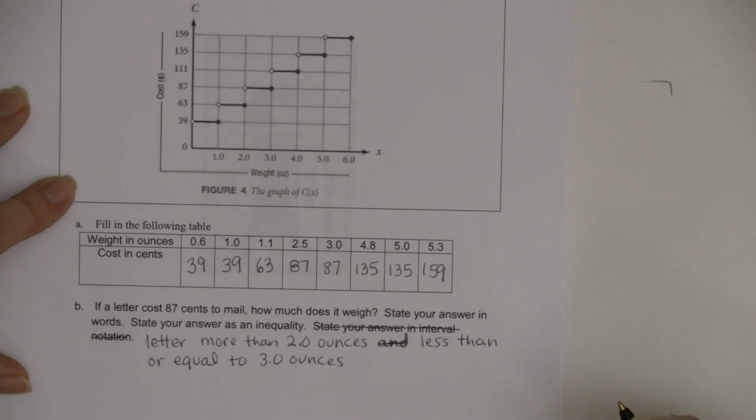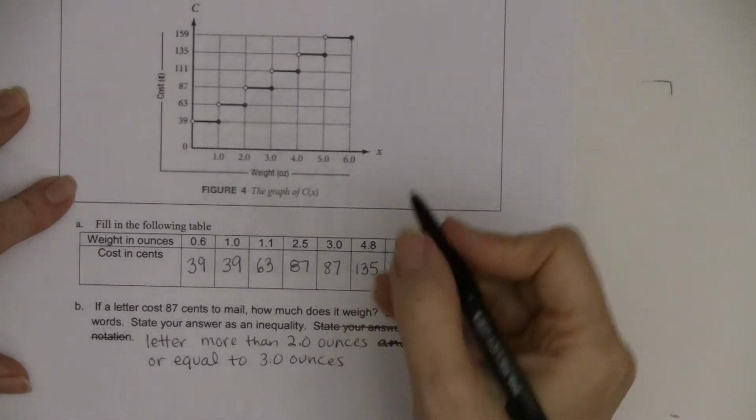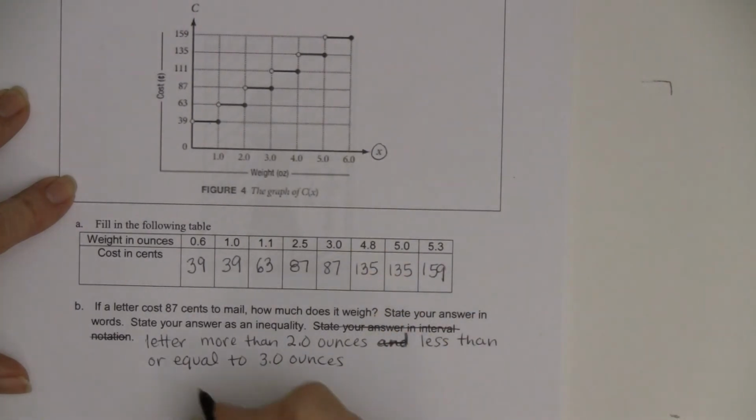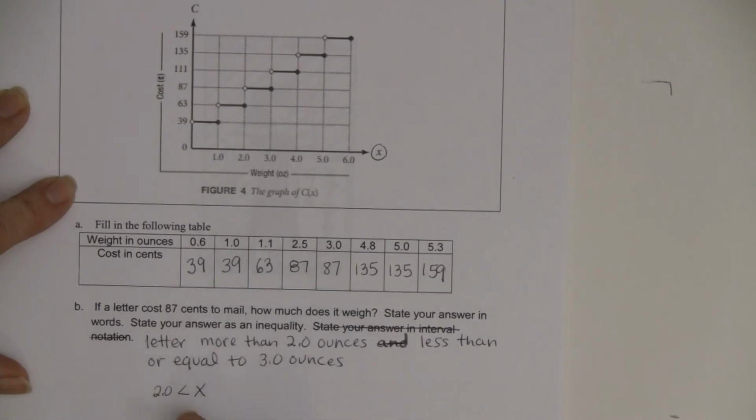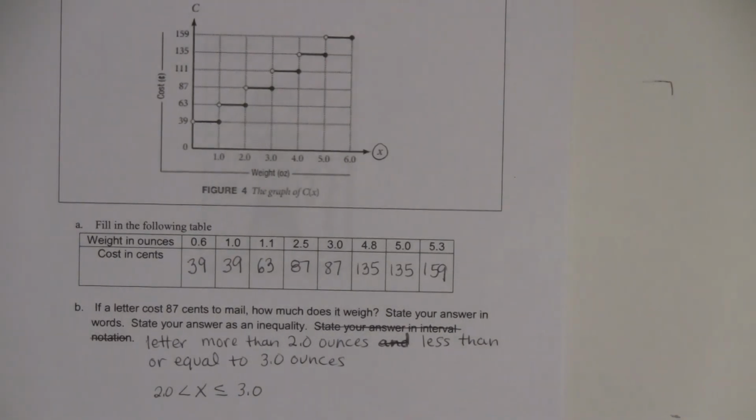Now, those were our x values, if you will, right? And so to write this as an inequality, x is going to be between 2.0, and I don't want to put equal to 2.0. It had to be more than, otherwise we'd get to mail it for cheaper, and less than or equal to 3 ounces, all the way up into including 3 ounces.